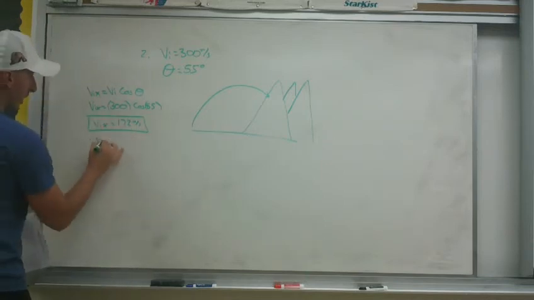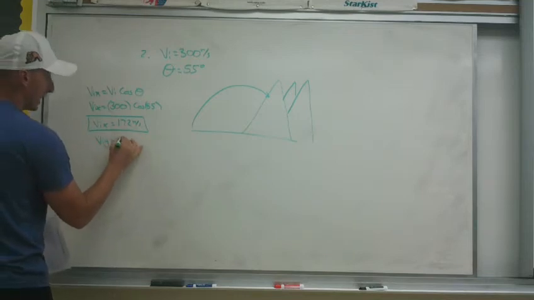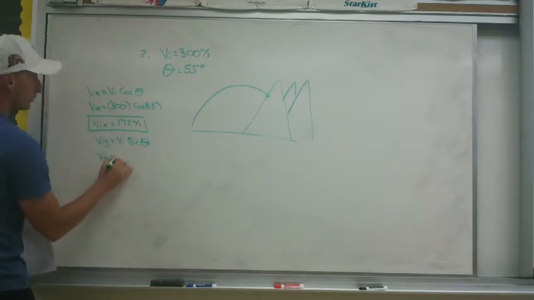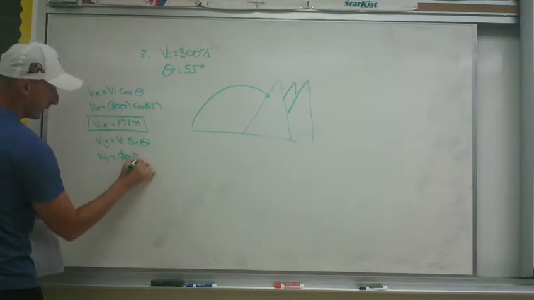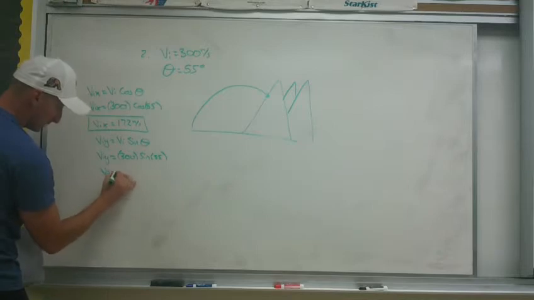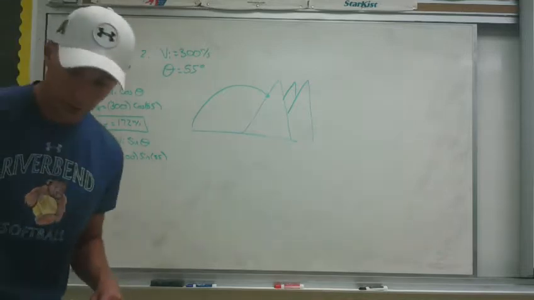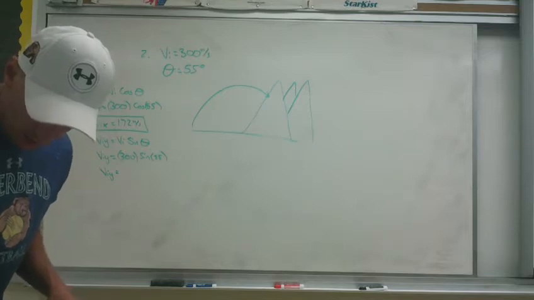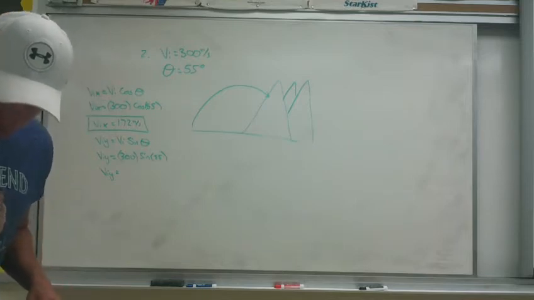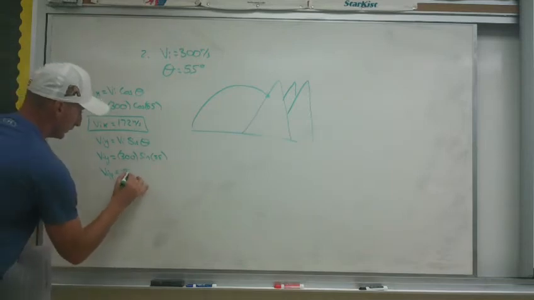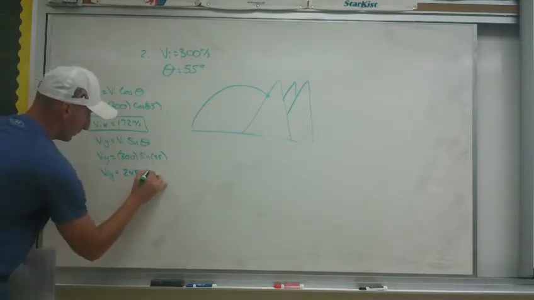Now I do Viy. Viy is equal to Vi sine theta. Viy equals 300 sine 55. So go ahead and plug that in. I do 300 times sine 55, and I get 245.7 meters per second.